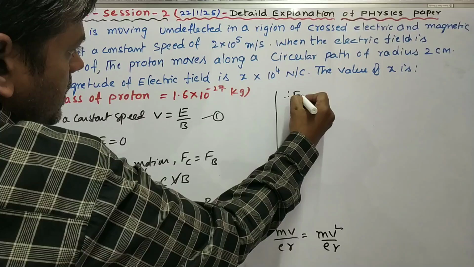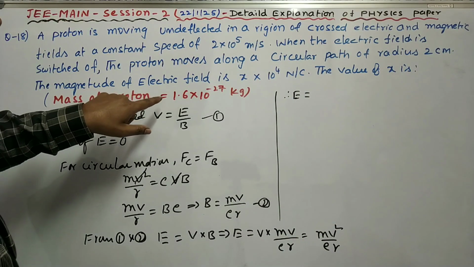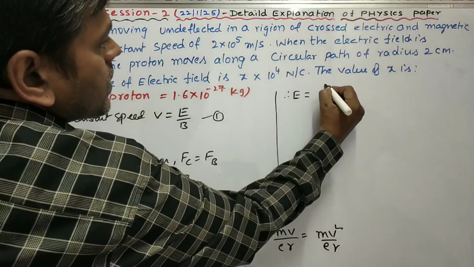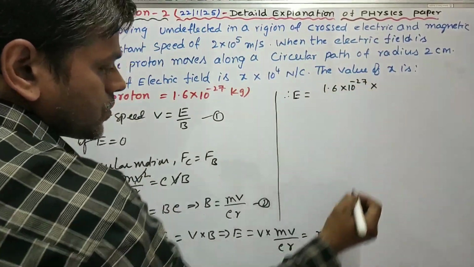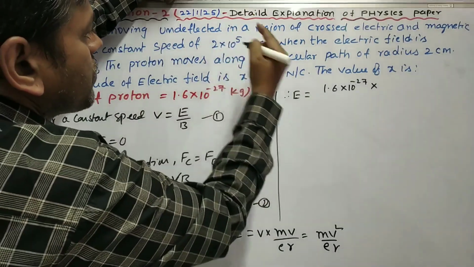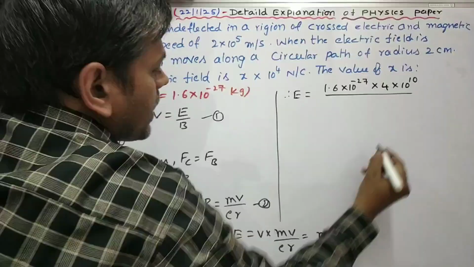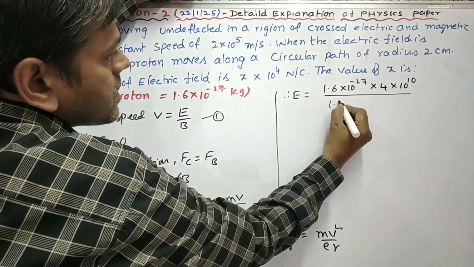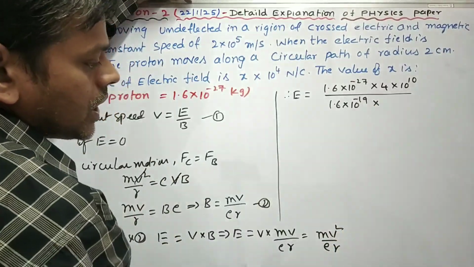Therefore, E is equal to m. The mass of the proton is given: 1.6 into 10 power minus 27, into v squared, the speed squared, which is 4 into 10 power 10, divided by e, the charge of the proton 1.6 into 10 power minus 19, into r.